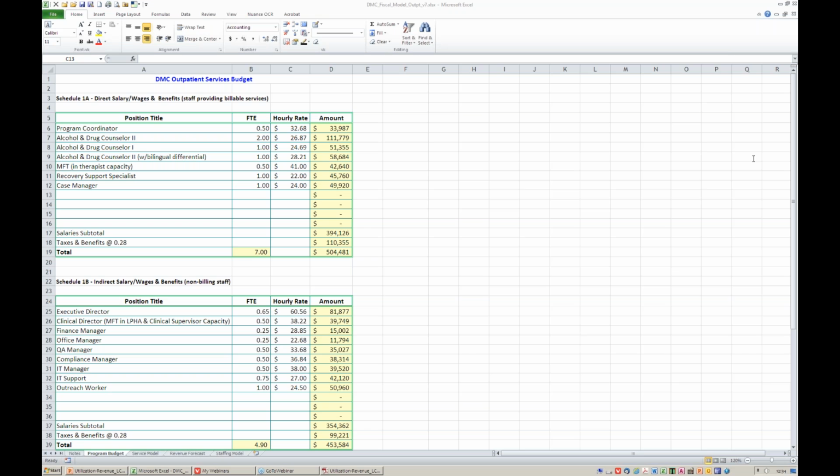At the end of the year, if the revenue exceeds the budgeted expenses, agencies will have to pay back the money, correct? Yeah, I think that's basically it. Now, I don't know whether SAPC, again, it's that lesser of cost or charges principle.